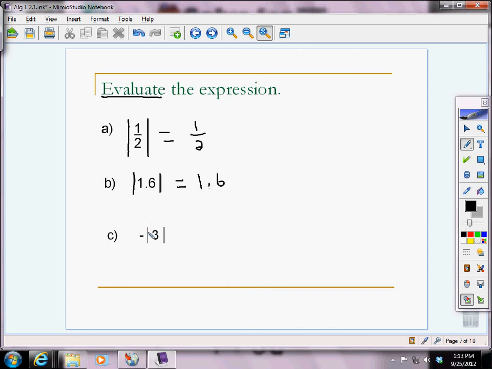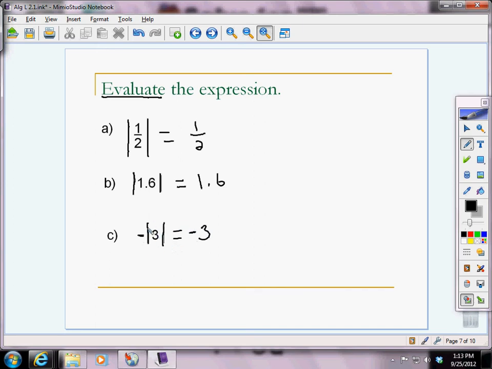Then notice this one down here. If you look at this one, there is a negative sign, but it's outside the lines. So treat the absolute value lines like parentheses in order of operations. Do what's inside first. So what is the absolute value of 3? It's 3. If there's a negative out front, then we add it on.